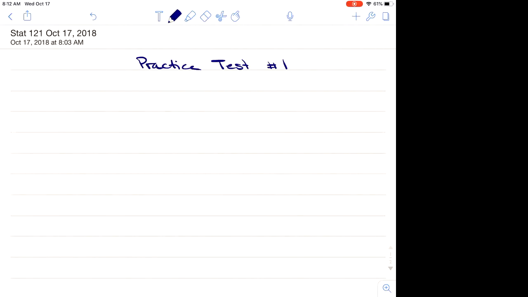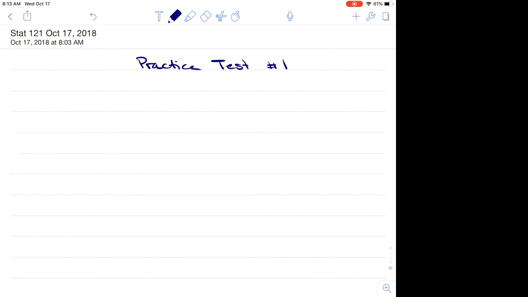Okay. Then there's going to be a long answer question with a tree diagram, so I've got like assignment 2. And then a long answer question using the normal distribution like assignment 3. Okay. All right. Let's get to work, shall we?